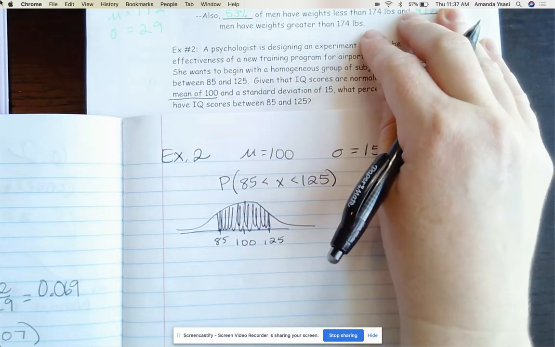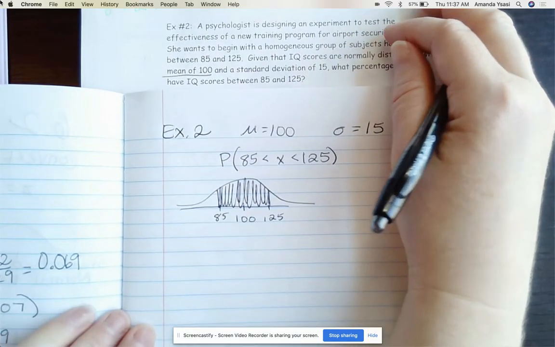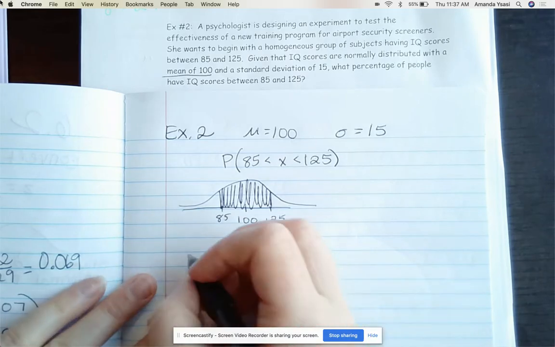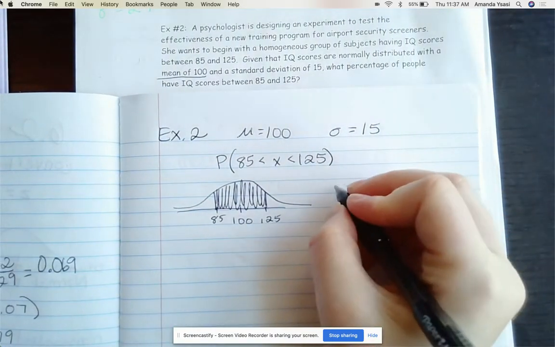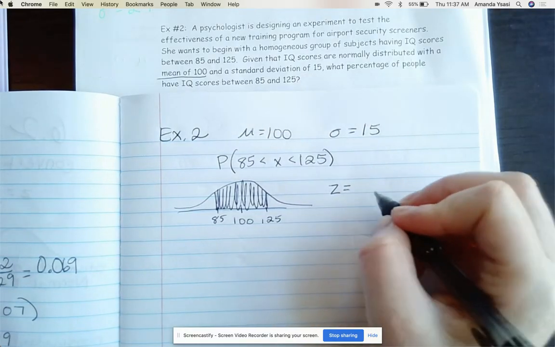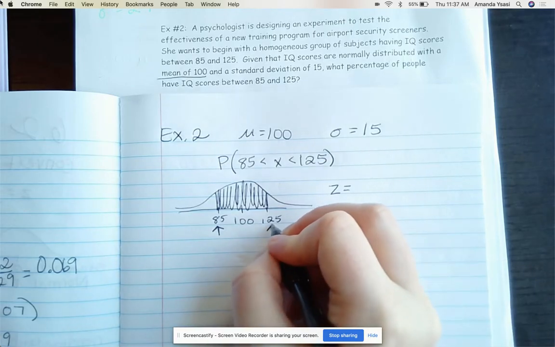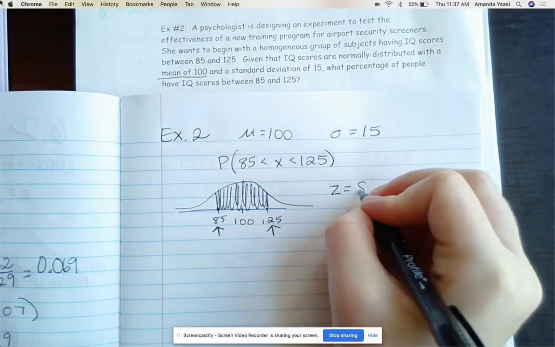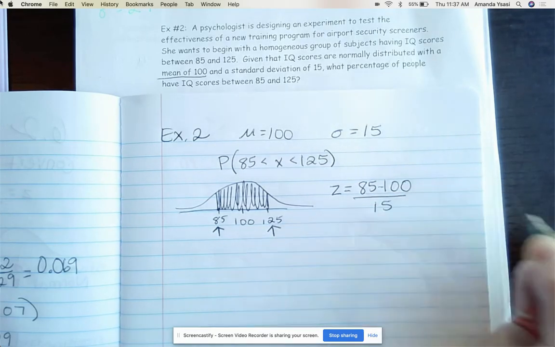Okay, so we can use our calculator, or we can do it by hand. With finding our Z, we've got to find both of them. We've got to find this Z score, and we've got to find this Z score. So we'll do 85 minus 100 over 15.